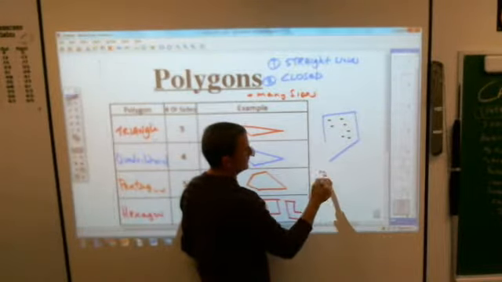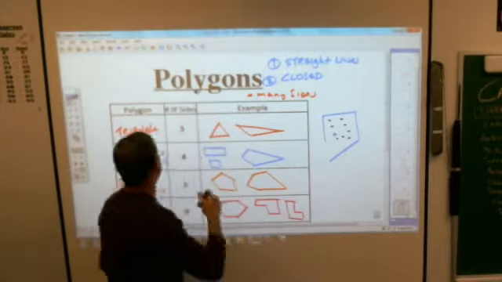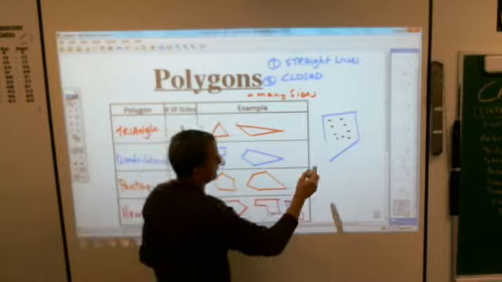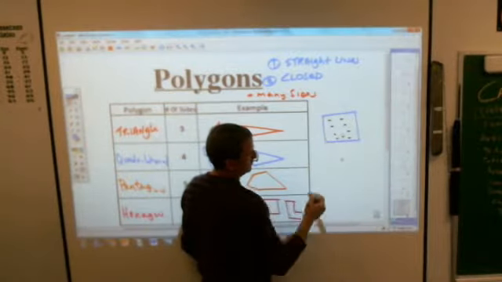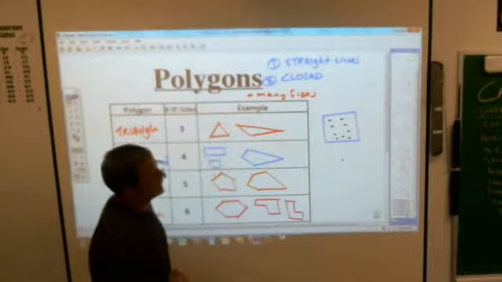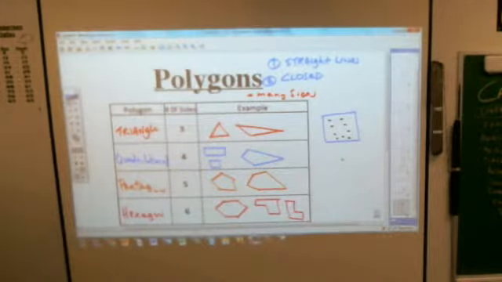A polygon has to be closed, which means those ants have to be trapped inside the shape. So this side would have to go here to there. And then the ants can't get out, so it's closed. And they can't climb over, even though ants can climb all sorts of things.